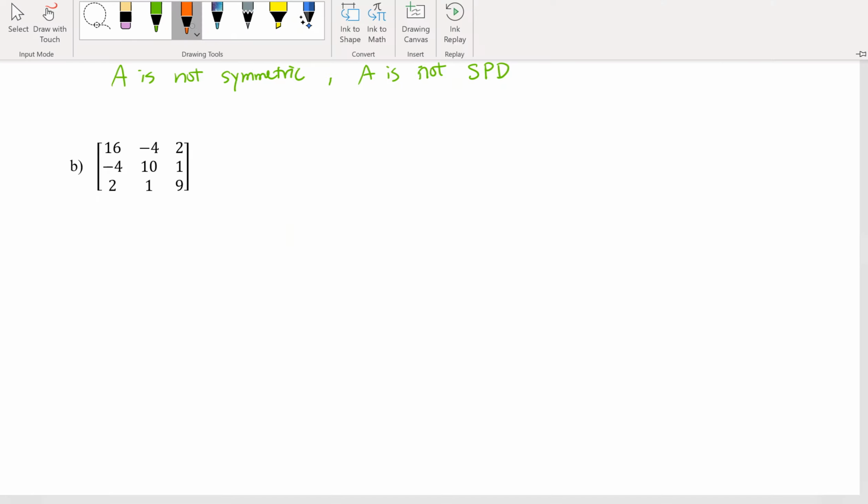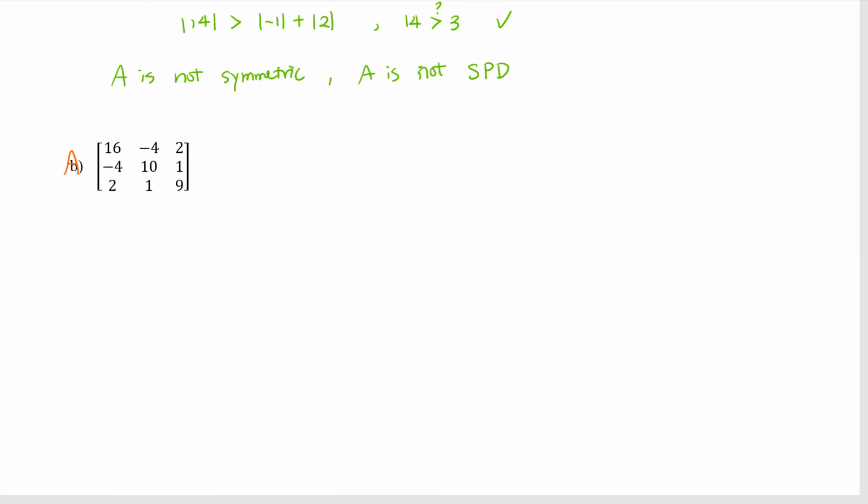Let me use orange color. Okay, this is our A, and let's check SDD. Let's look at the diagonal elements. Is 16 greater than 4 plus 2? If you're familiar with that, you can omit the absolute values. So is 16 greater than 6?